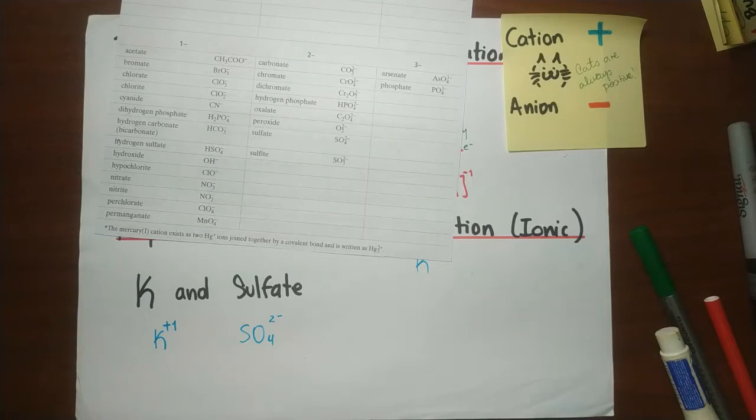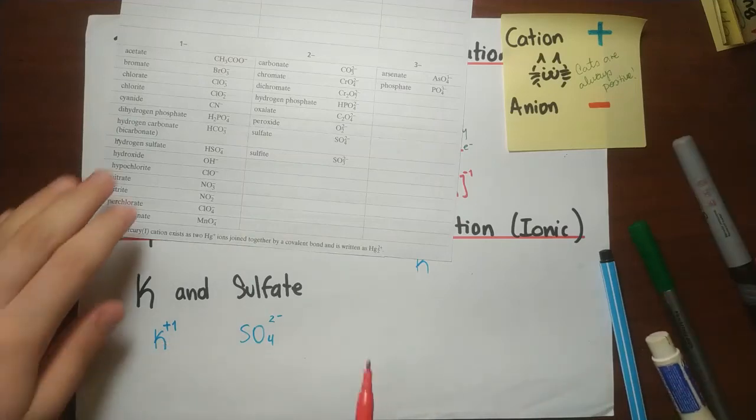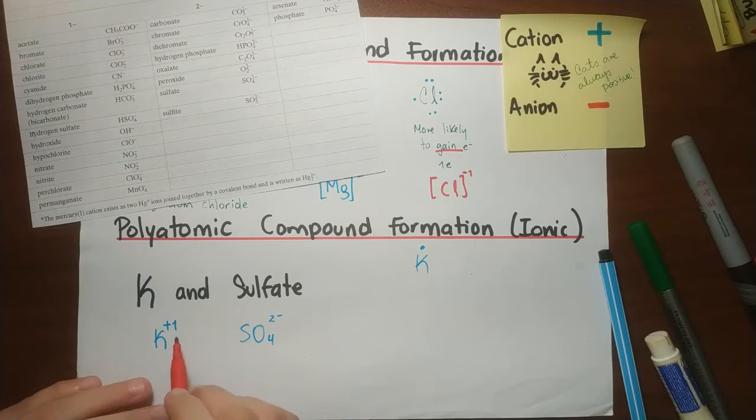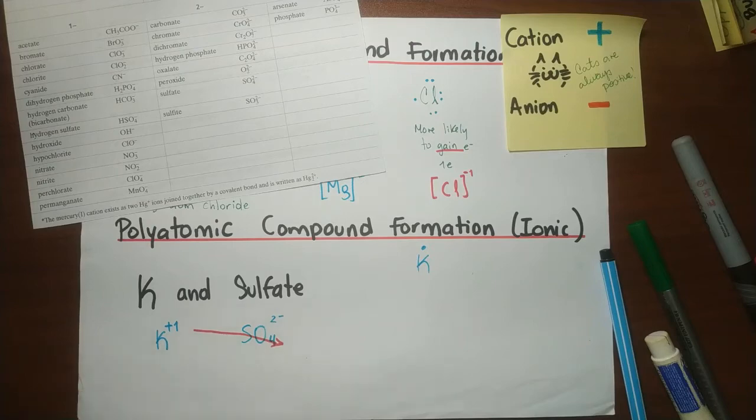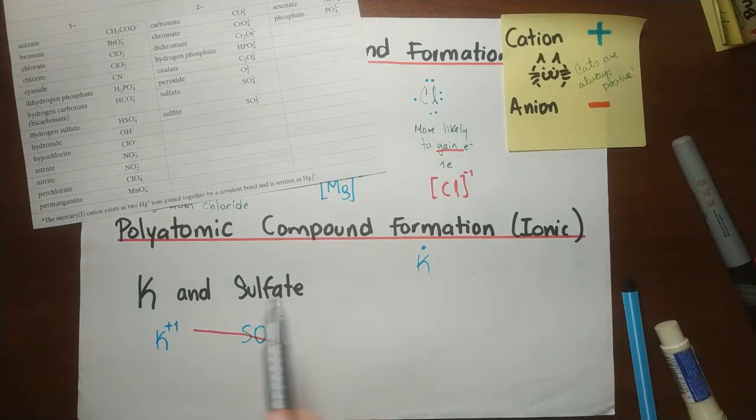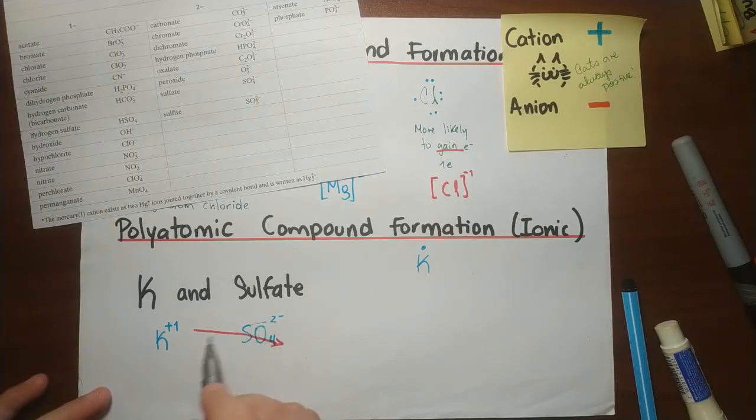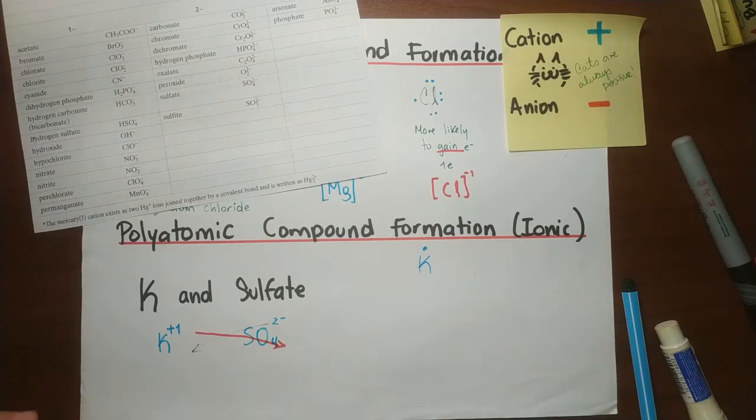So what we're gonna do is take a look at the charges, and as we did before, we're going to crisscross the charges. Potassium's charge is going to be part of sulfate and sulfate's charge is going to take part of potassium.